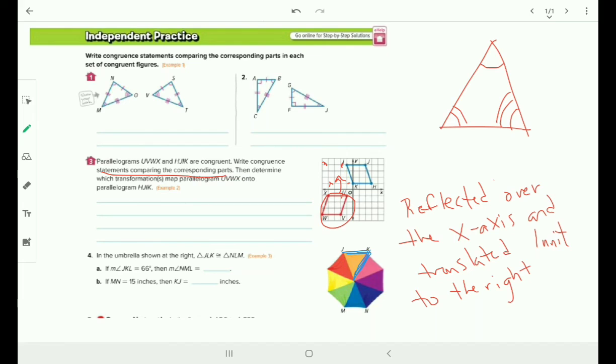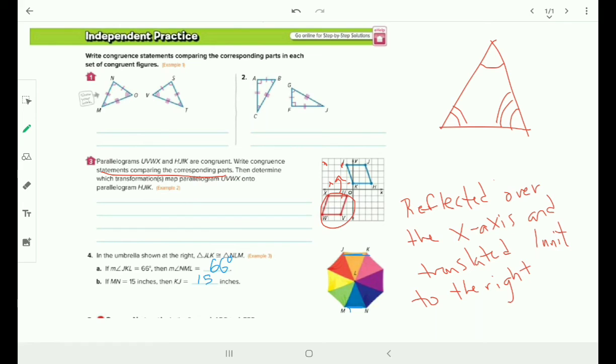Then the measure of NML, remember, since those are congruent, that also has to be 66 degrees. Okay? And if MN is 15 inches, then KJ also has to be 15 inches, because they are congruent triangles. Okay, so hopefully that makes sense.